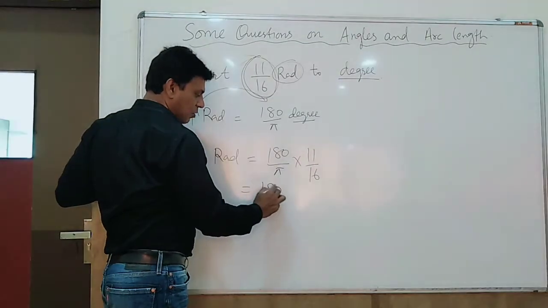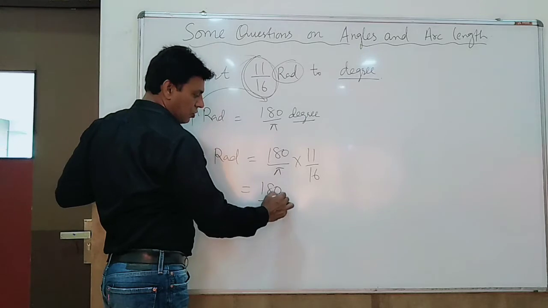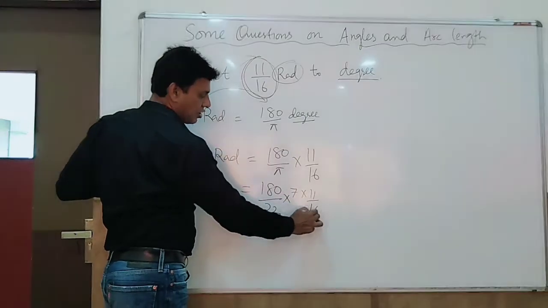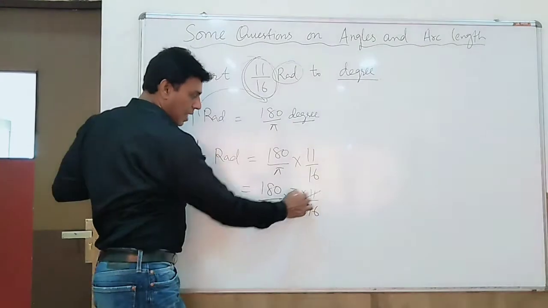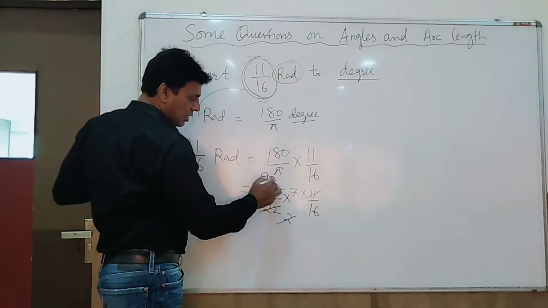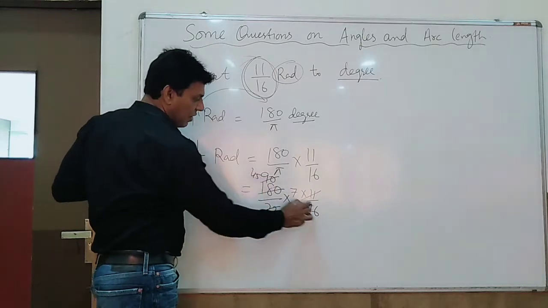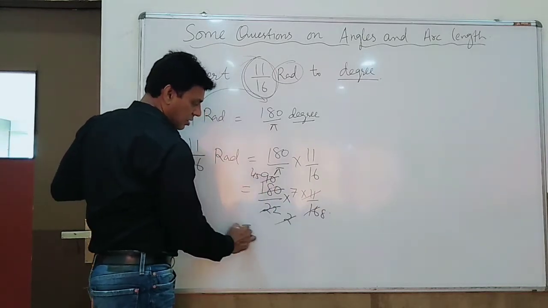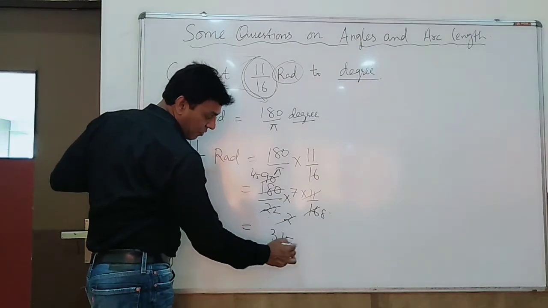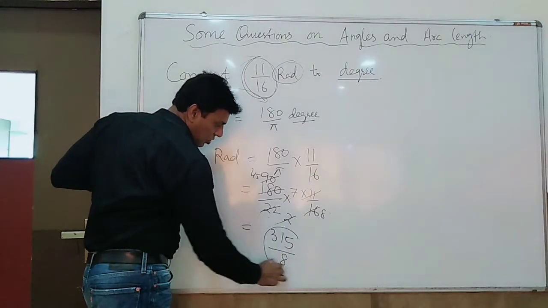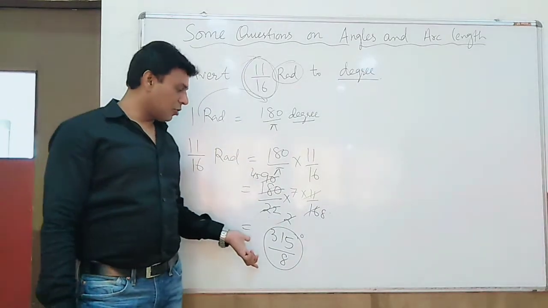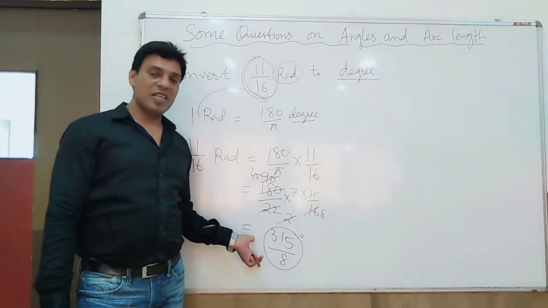So we can calculate: 22 upon 7 will be the numerator, then 11 upon 16. Now 11, 2 and 2, 90, then 2, 45 and 2, 8, so 315 upon 8. This is in degrees, but the question is not so easy till here.